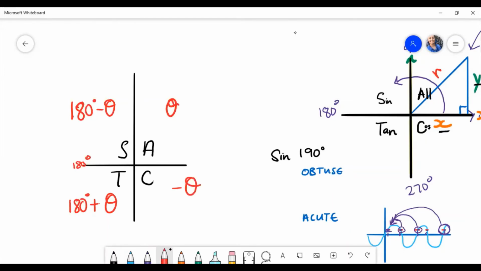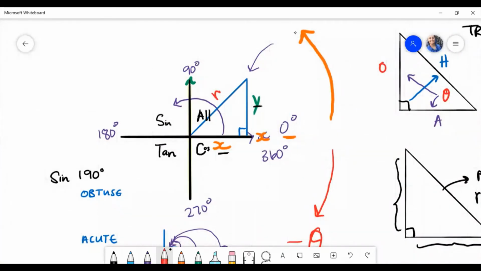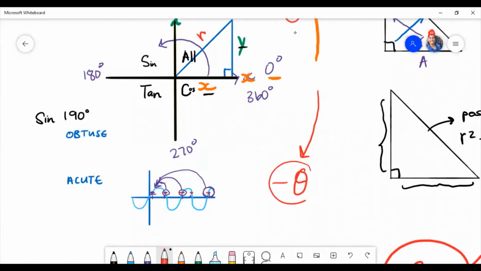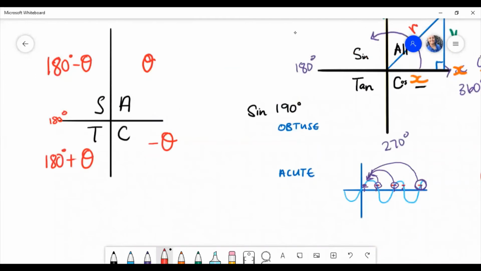As I indicated here, we're going anti-clockwise, it's positive theta. But when we go clockwise, it's a negative theta. That only exists right here in this quadrant where cos is positive. Or another way of saying it is I've got 360 degrees minus theta. That's the other way of stating it.